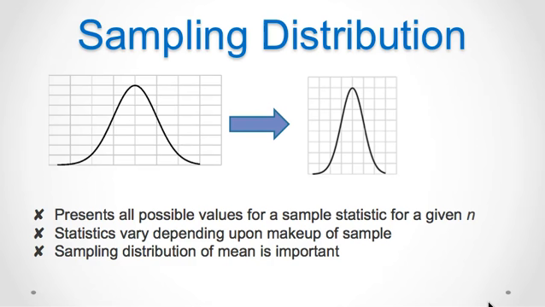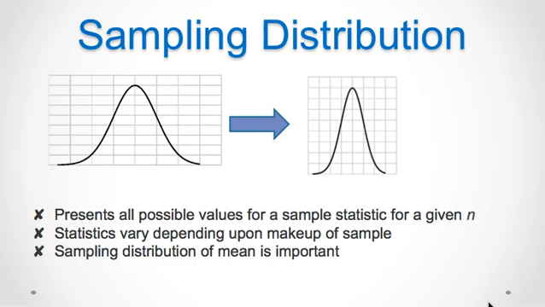The sampling distribution of sample means presents all possible values for a sample statistic for a given sample size n. It is a theoretical probability distribution of the possible values of some sample statistic like the mean that would occur if we were to draw all possible samples of a fixed size from a given population.